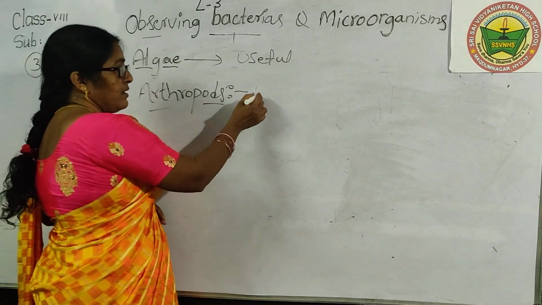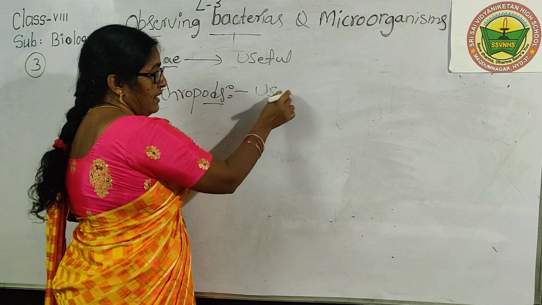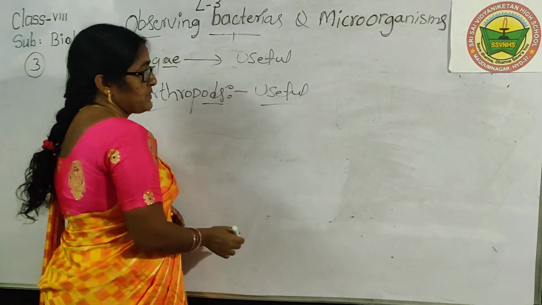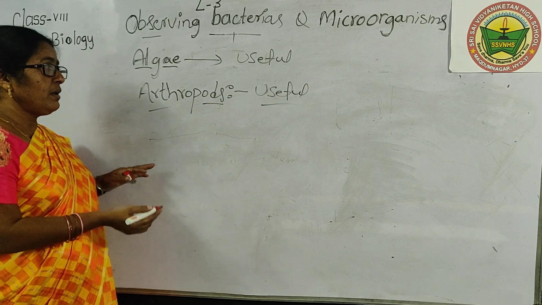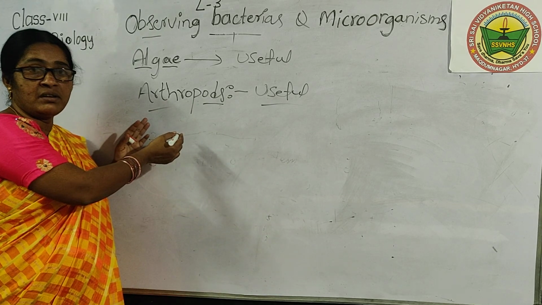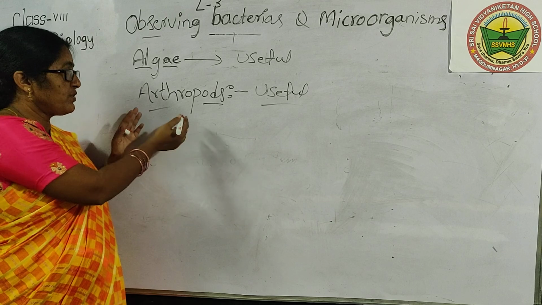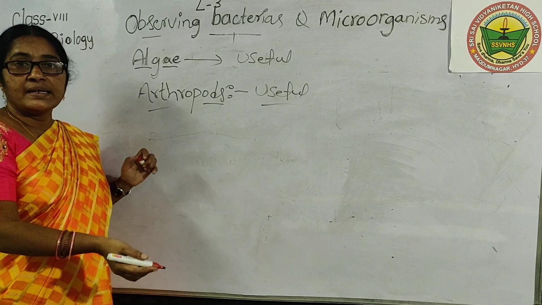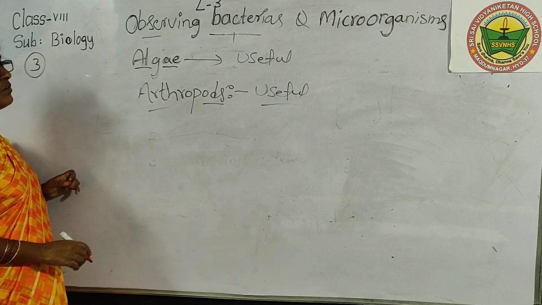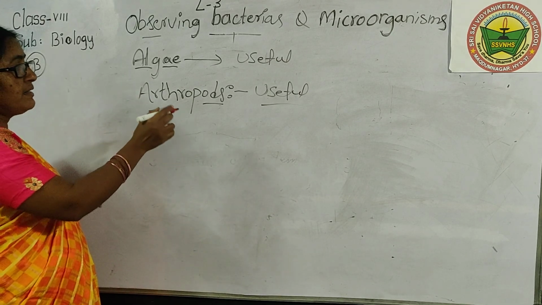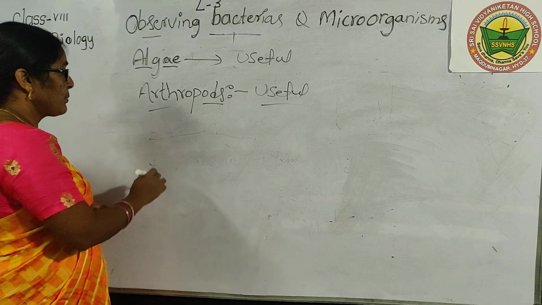They are useful in some ways and harmful in some ways. Useful means getting nutrients to the soil, and harmful means whenever they stay on organisms' bodies, afterwards they are causing some other conditions. So that is useful and harmful: bacteria, algae and arthropods.